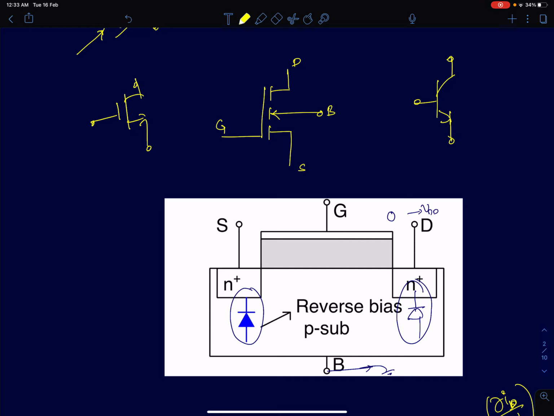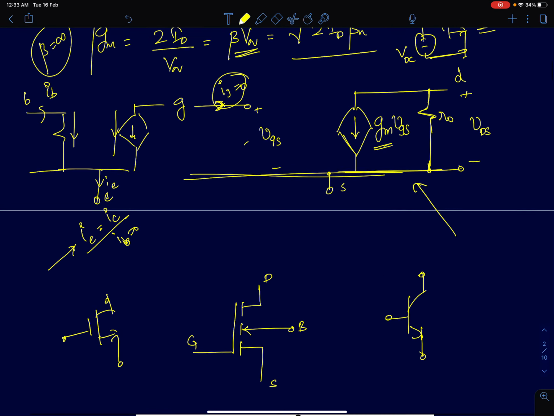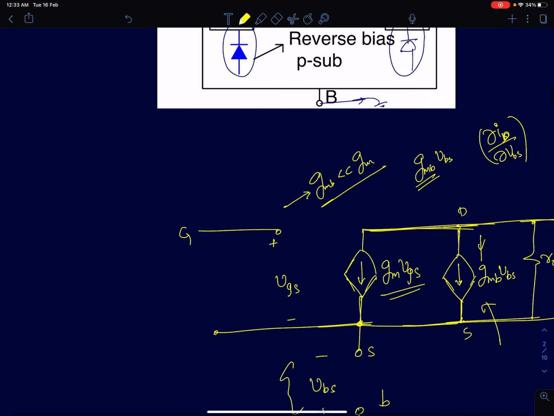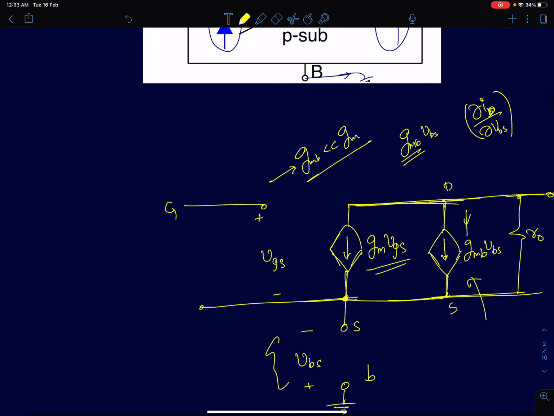Is the small signal model really complete? What we have written here, is it really complete? Or what additional model or parameters should be included in this small signal model? To do that, I'll first tell what addition we are going to make, and then discuss intuitively why this current source addition makes sense.